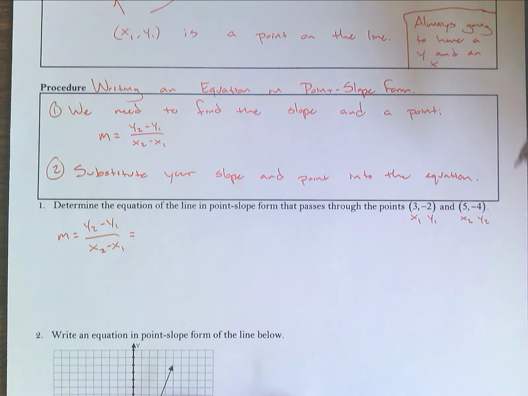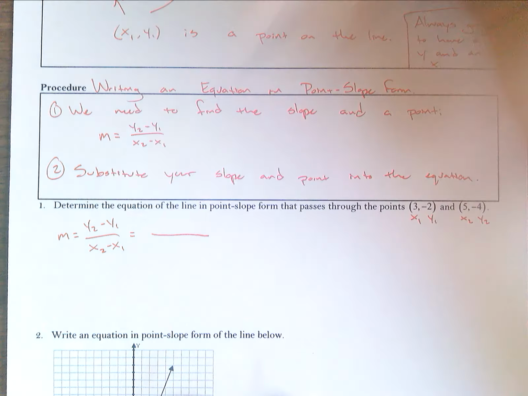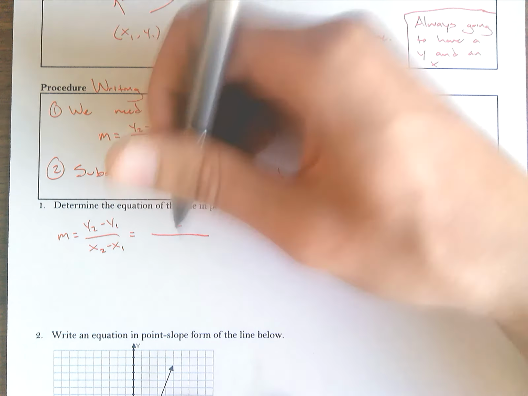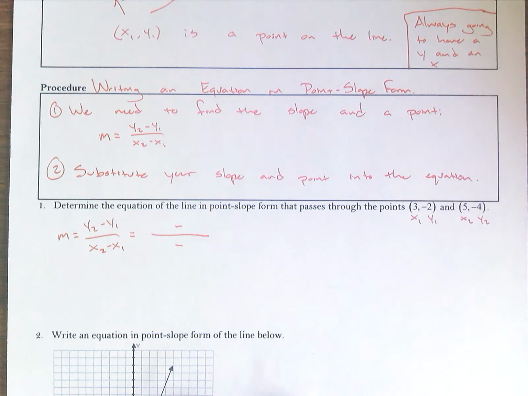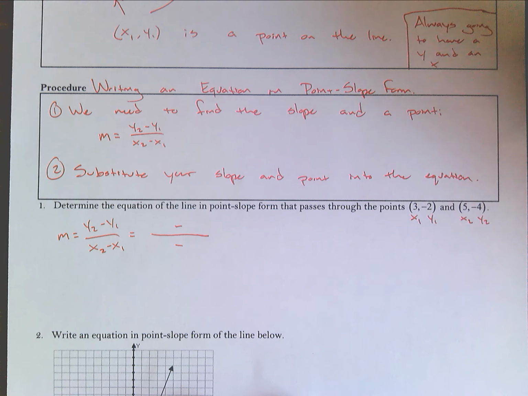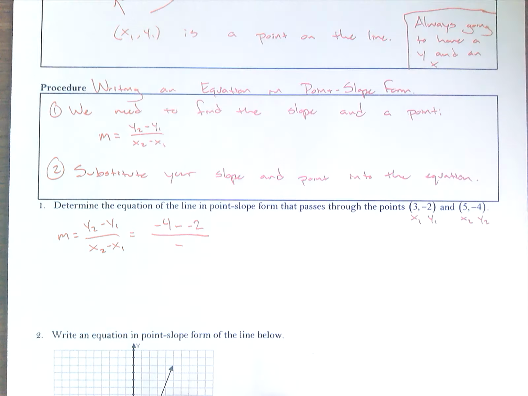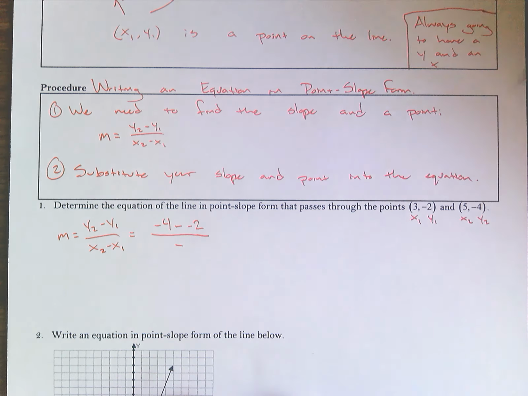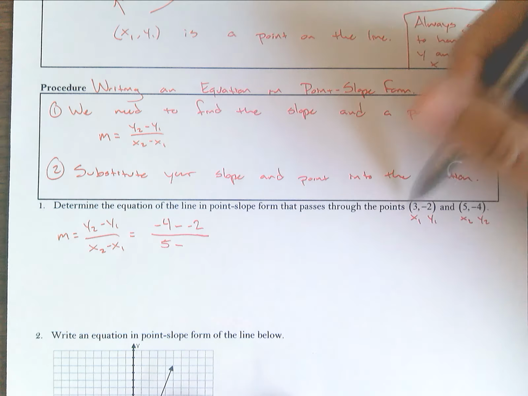Before we plug in, I recommend drawing in your fraction bar and your subtraction signs. Now we plug in the quantities. y2 is -4 and y1 is -2. x2 is 5, minus x1, which is 3.